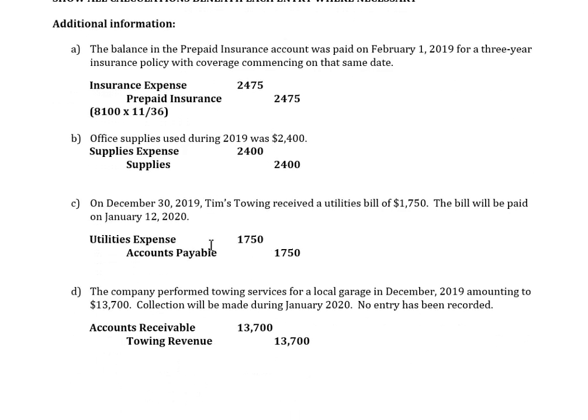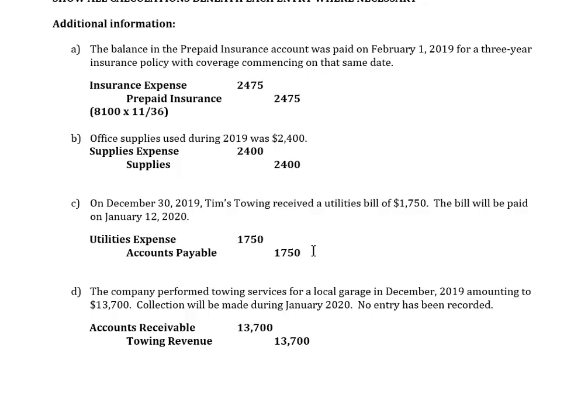Now, on December the 30th, Tim's Towing got a utilities bill of $1,750. Now, that might have been for utilities that they use, things like heating the business, any kind of utility expense, hydro, maybe the phone bill, anything, right? But it's a utility. And they were charged for the month of December $1,750, but they're not paying it until next year.